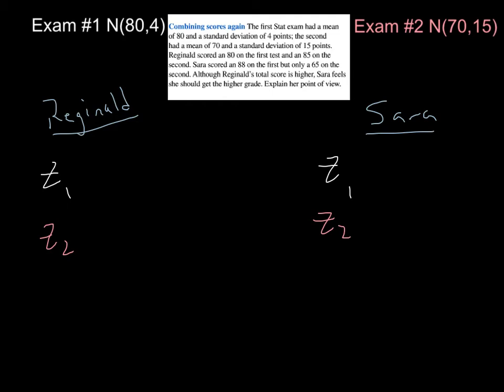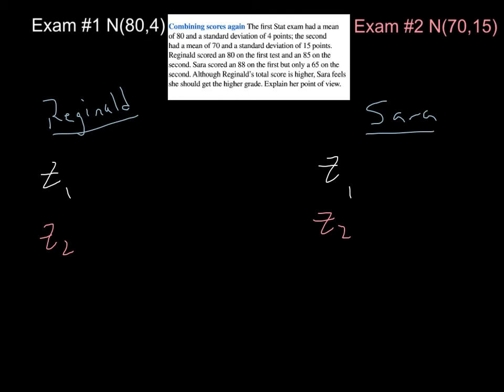And scaled scores take into consideration how the value plays into the distribution of numbers. Now, if you take a look up here, I've extracted the information about the exams and I've placed an N in front, stating that these scores are normally distributed. If they're not unimodal and symmetrical, we have no business doing this. But we're going to go ahead and proceed on the assumption that they are.